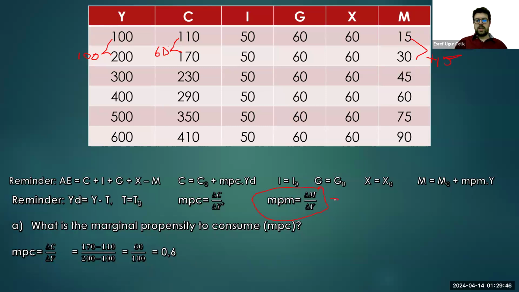So delta M is equal to 15 divided by 100. Okay. Again, very easy.